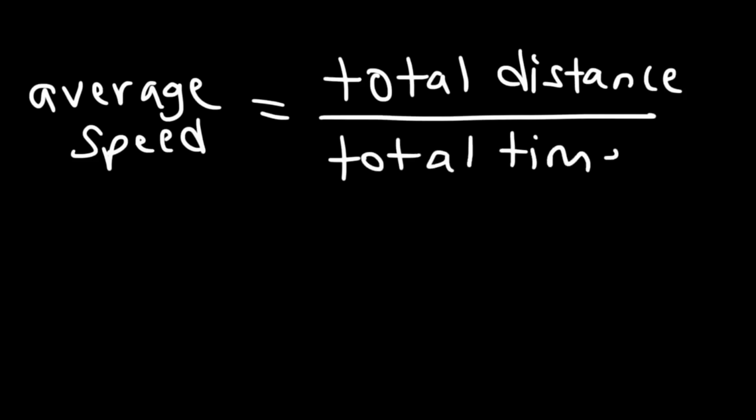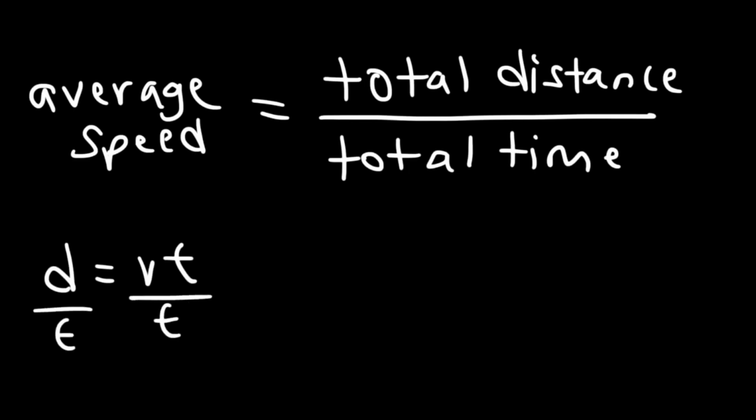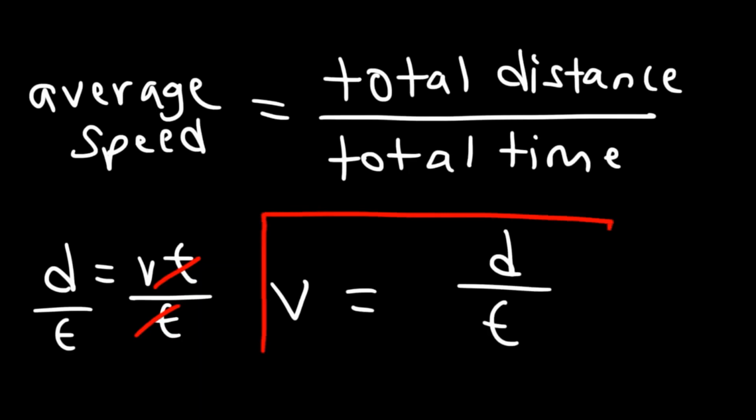If you think about the formula d equals vt, v can be described as the speed or velocity. So if you divide both sides by t, you can cancel t on the right side. You can see that v is equal to d over t. So average speed v is equal to d divided by t.